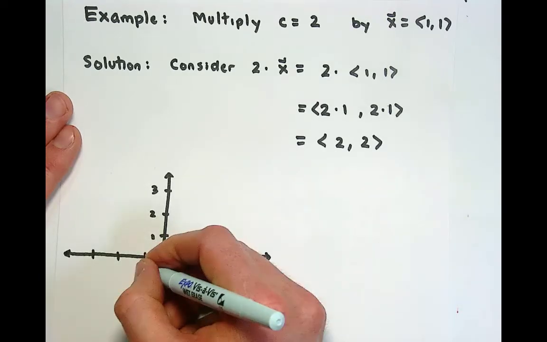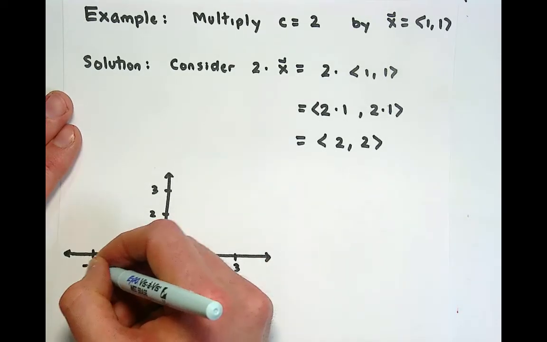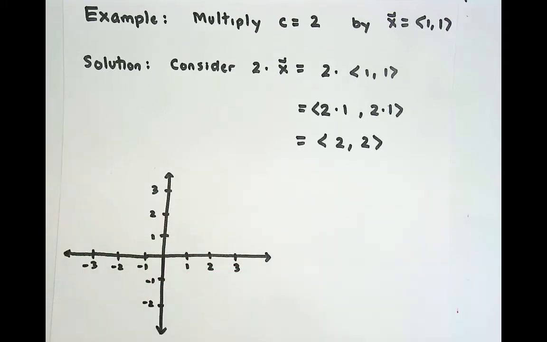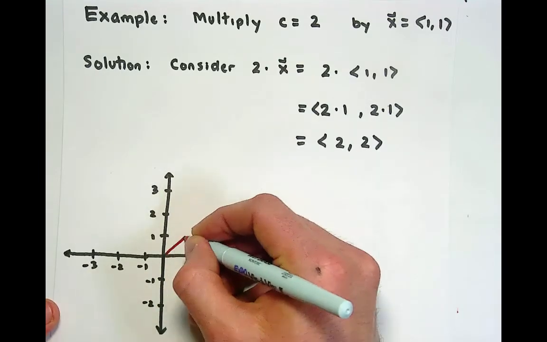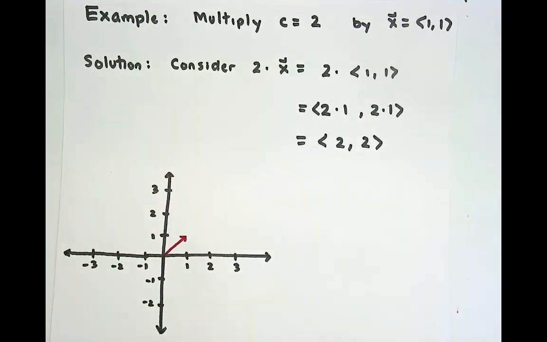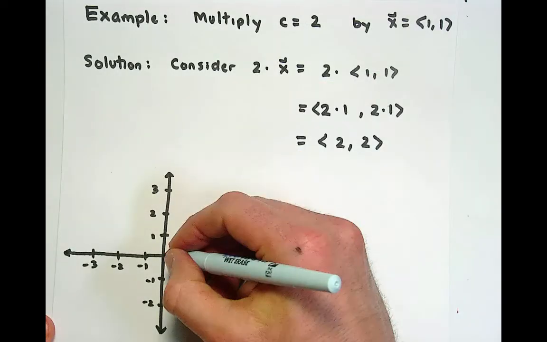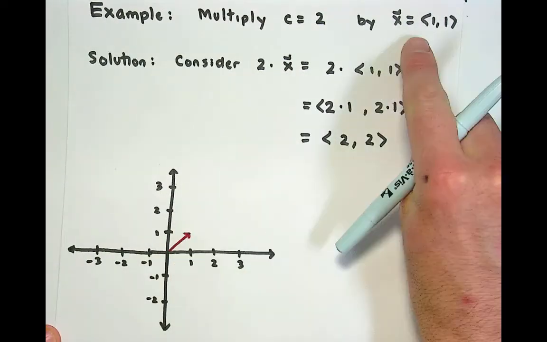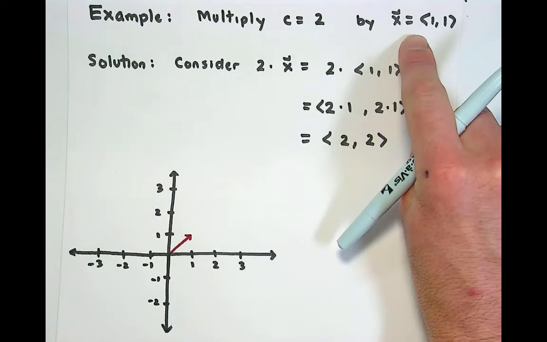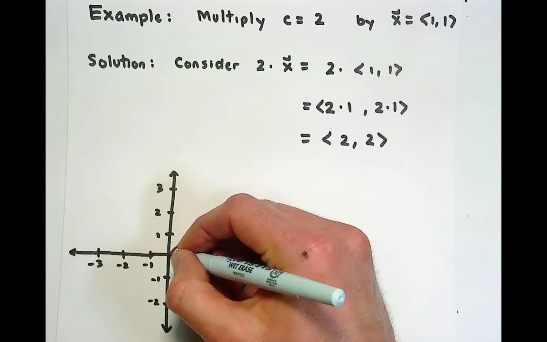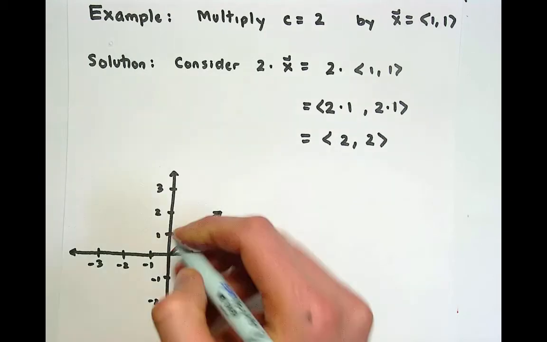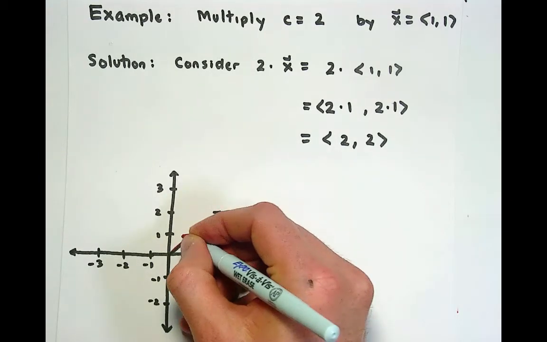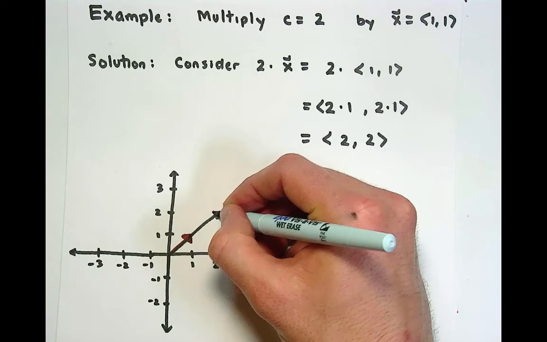Negative 1, negative 2, negative 3, negative 1, negative 2. So here's the vector x. When we take 2 times x, I knew that the vector x started at 0 because I wasn't told otherwise. If I'm not told otherwise, I can assume that the initial point of my vector is indeed the origin. Here's the vector 2 times x. So the vector x is here, and the vector 2 times x is here.